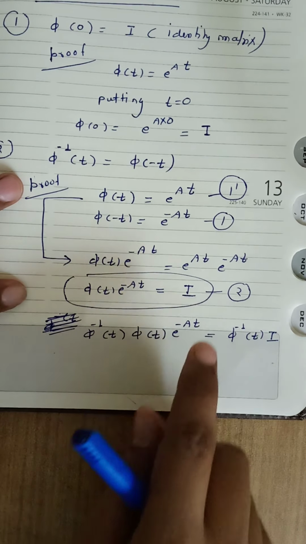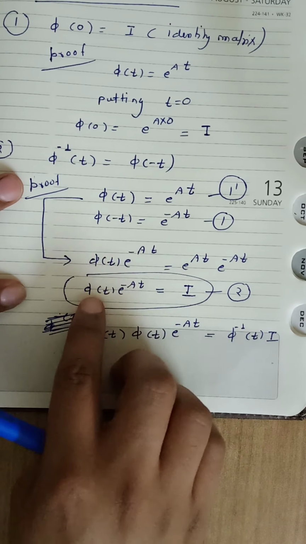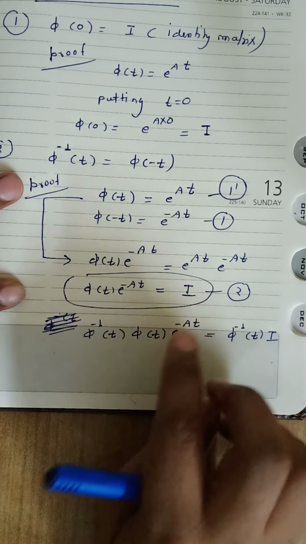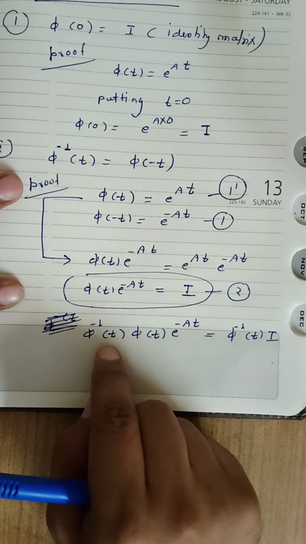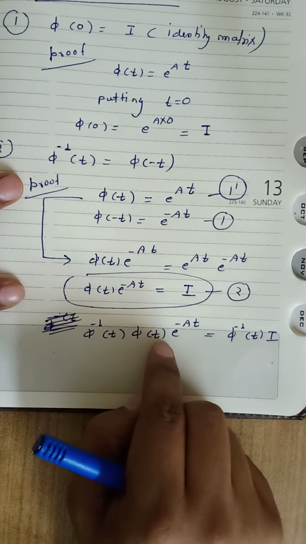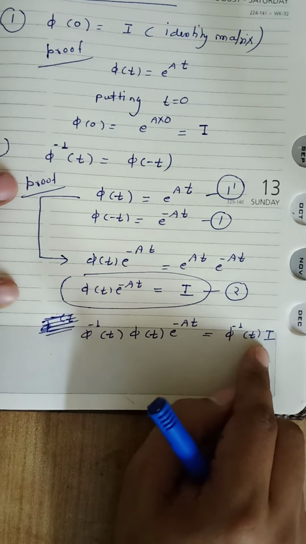That means pre-multiplying both sides by phi inverse t. So we have phi inverse t, phi t e to the power minus at equal to phi inverse t into I.